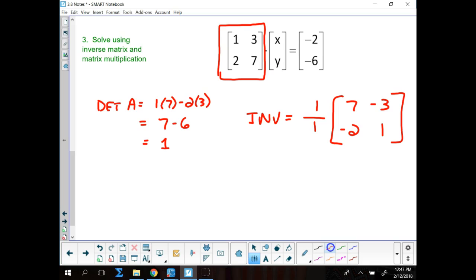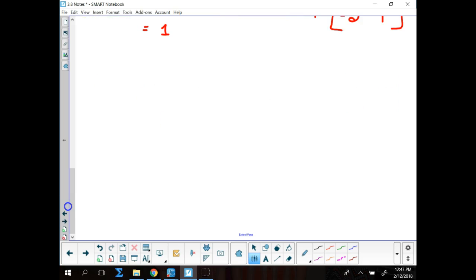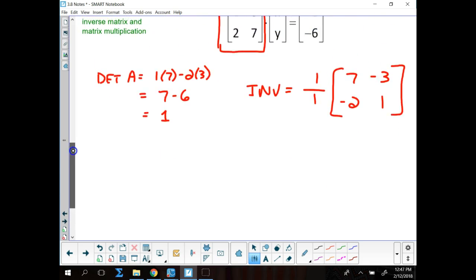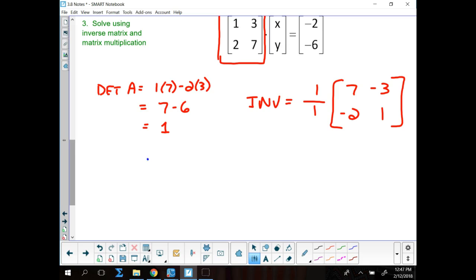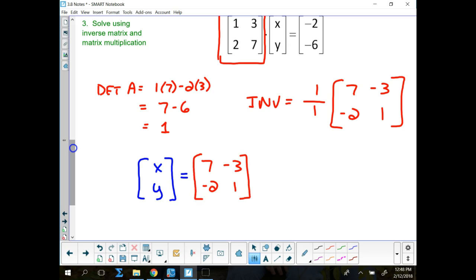Okay. So my matrix xy, what I want to solve for, is going to equal my inverse matrix, 7, negative 3, negative 2, and 1, times my numbers matrix, negative 2 and negative 6.